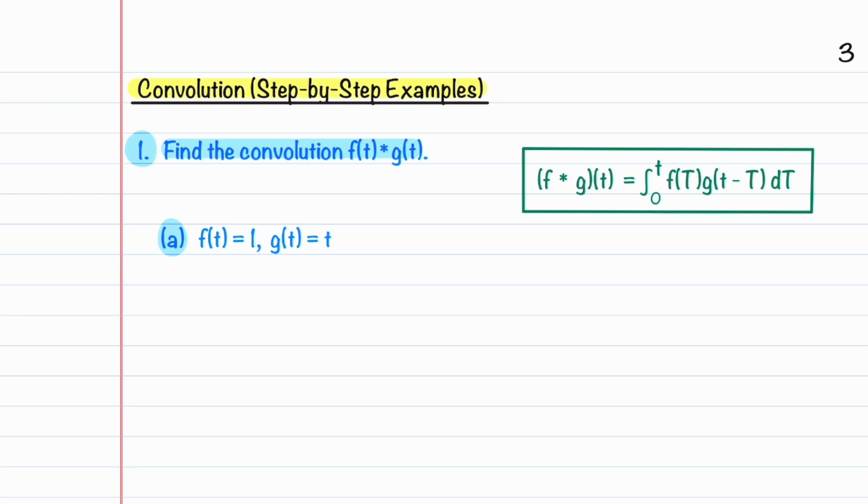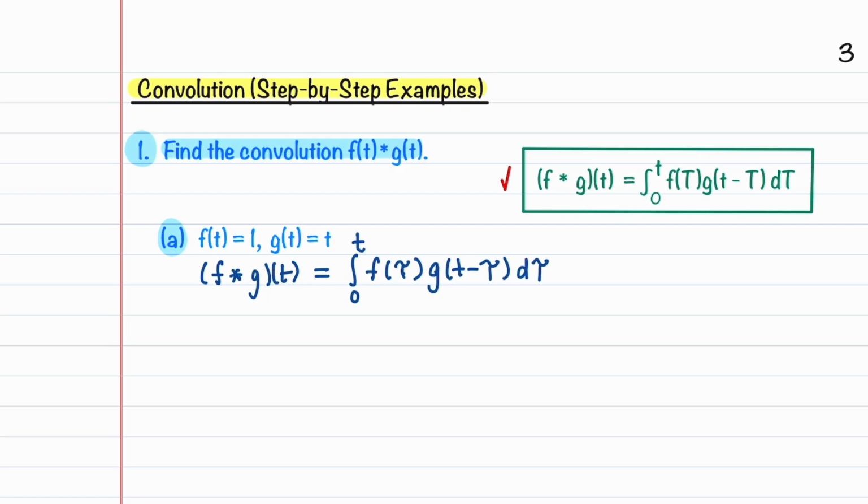Over here on the right, I've written down the integral that the convolution is equal to, and that's where we're going to start. The convolution of f and g as a function of time is equal to the integral from 0 to t, f of tau times g of t minus tau d tau.